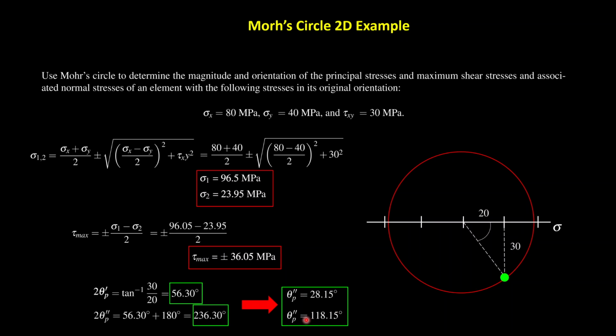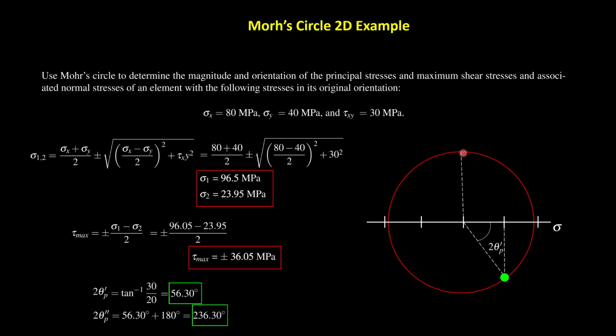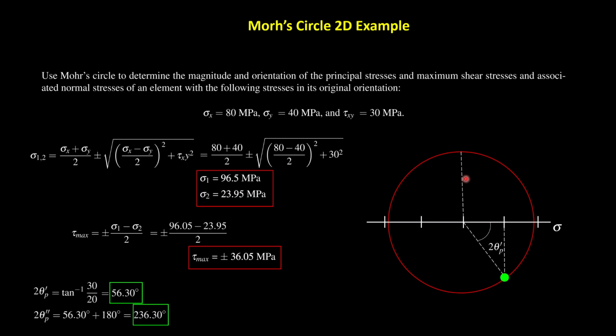And the orientation of the second principal stress is going to be at this angle in the physical quantities. Then if we want to know where the maximum shear stress is going to be located, we know that it is on this vertical line here, and that's going to be at a distance in Mohr's circle quantities of pi over 2.